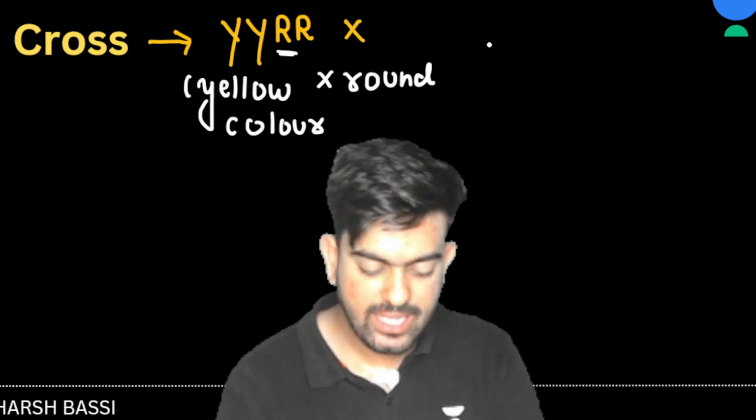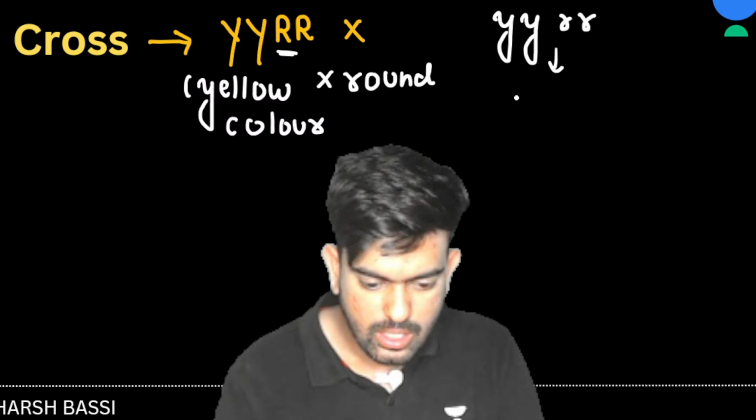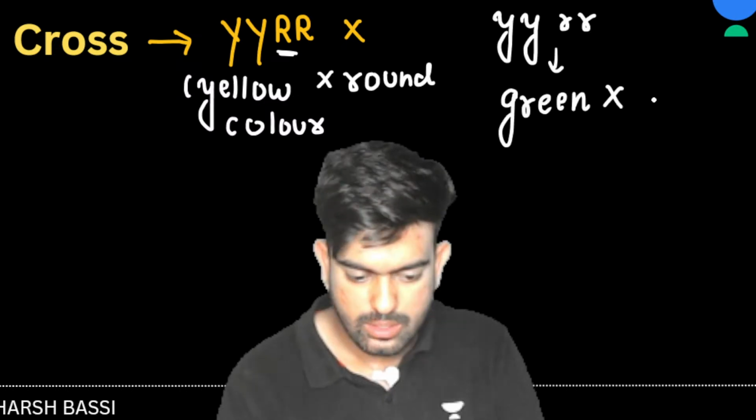In a similar manner we will have small y, small y and small r, small r. This represents the recessive character, which is green color and wrinkled seeds.